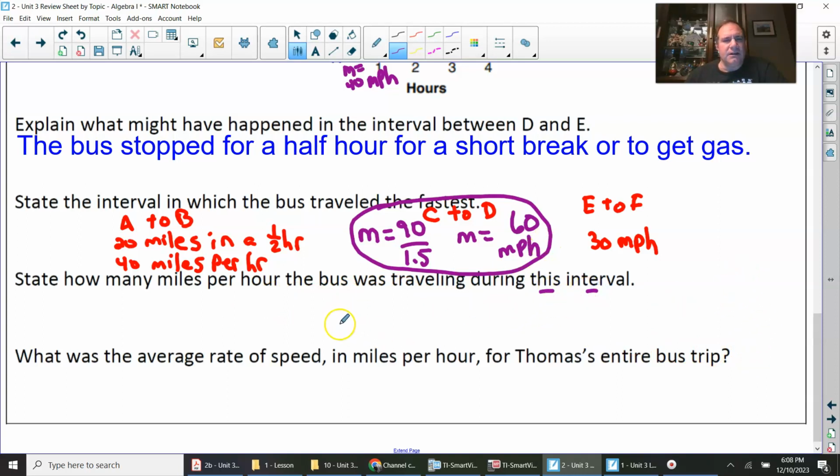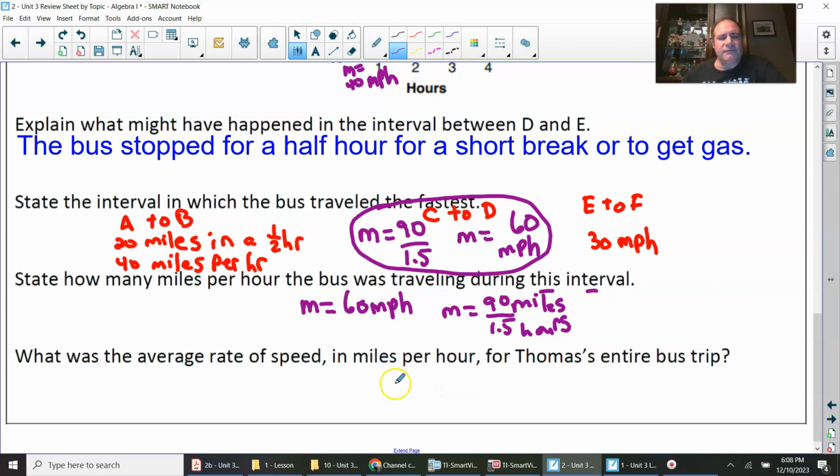I just did it, the fastest interval. So you would just put M equals 60 miles per hour during the fastest. And if they really wanted to see some work, it's 90 divided by 1.5, and that's it. So it's 90 miles that they traveled in 1.5 hours.